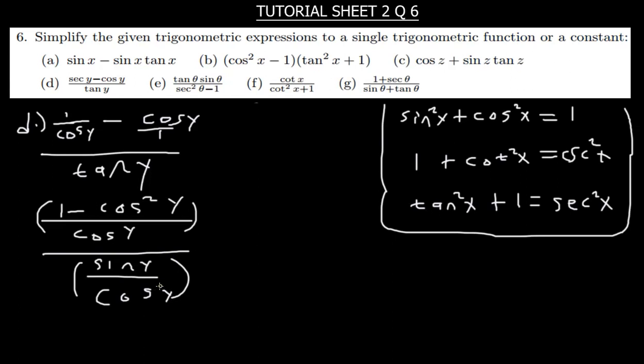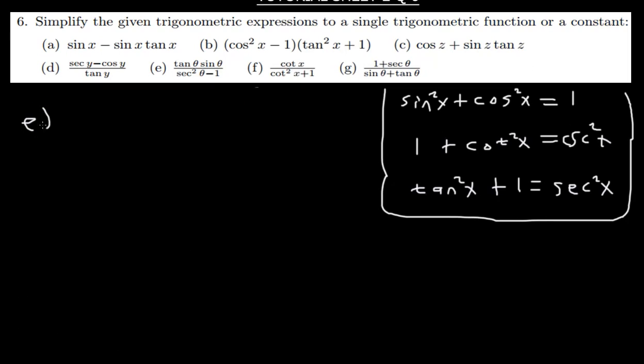As you can see, this cos and that cos can cancel, and then 1 minus cos squared y is just the same as taking cos squared y to the other side, so you remain with sine squared y. It's just the same as making sine the subject of the formula. So on top we have sine y.